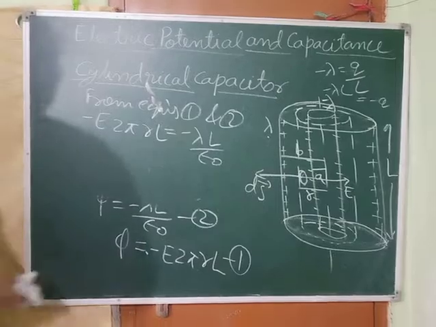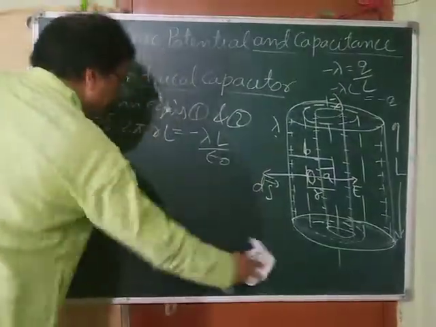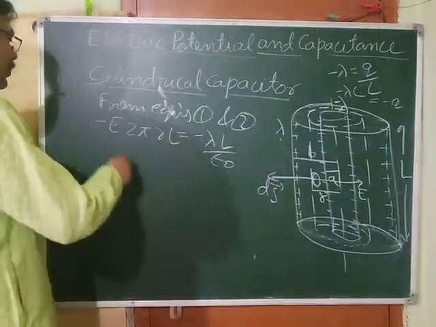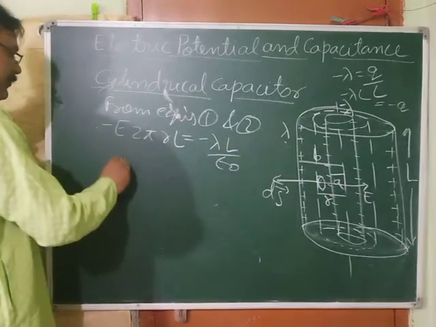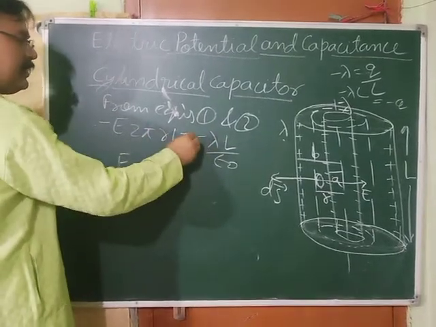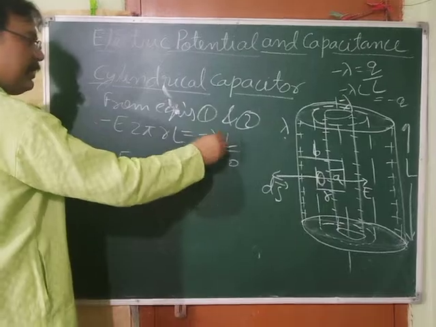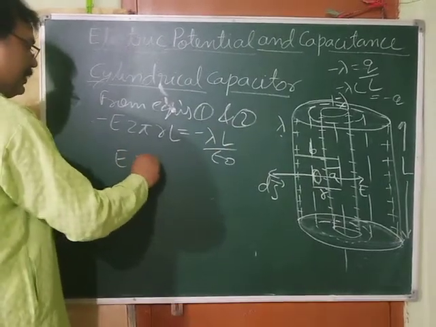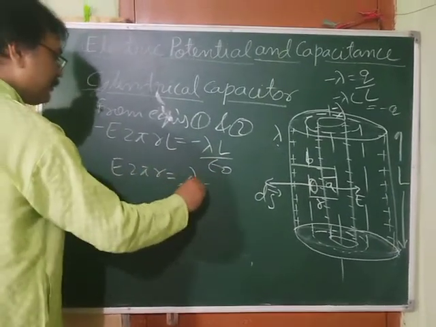Now minus minus will cancel out and L, L also get cancelled out. We are left with E 2 pi R is equal to lambda by epsilon naught.